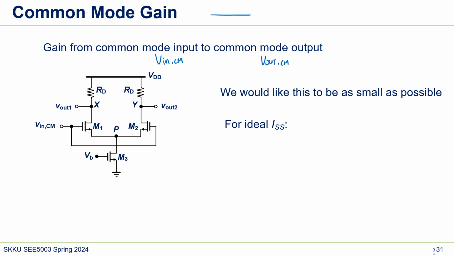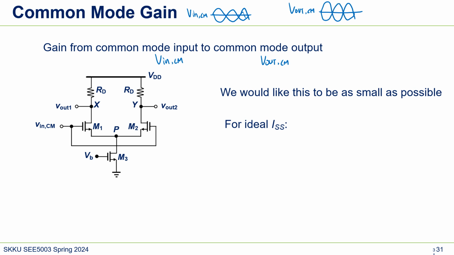V in CM is here, and then the inputs would be V in 1 and V in 2, right? This is the same for V out CM. V out CM also has its common mode, and then V out 1 will be like this, and V out 2 will be like this, the opposite phase and the same amplitude.